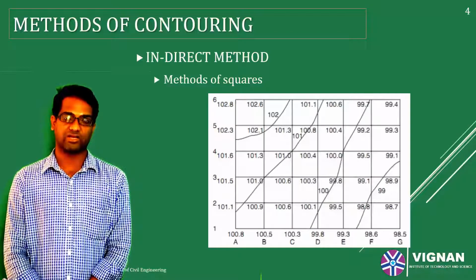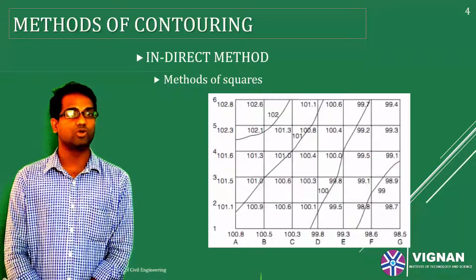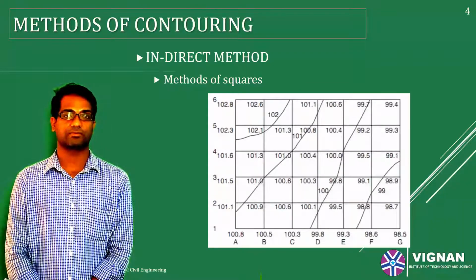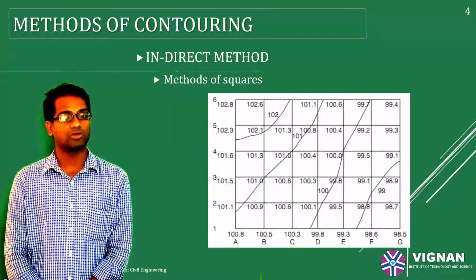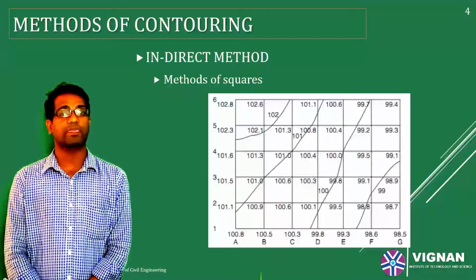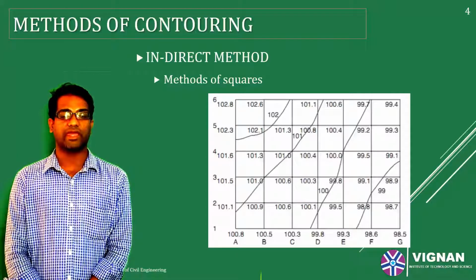When you have these grid lines, I will ask the staff man to hold the staff at these junctions, and I'll note down the staff reading. After noting down the staff readings at these grid lines, for example, the notation could be A1.